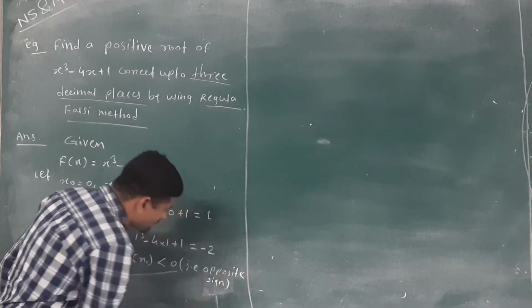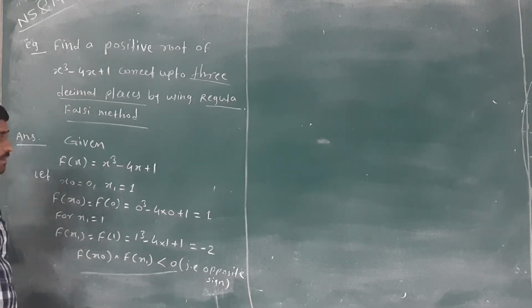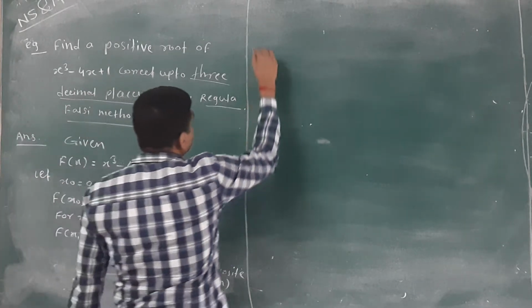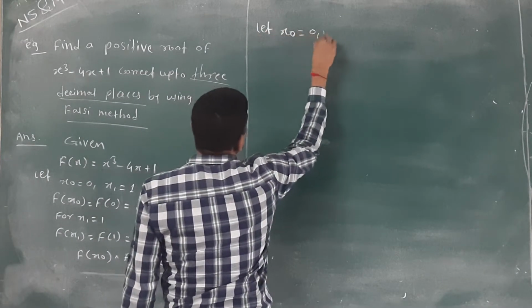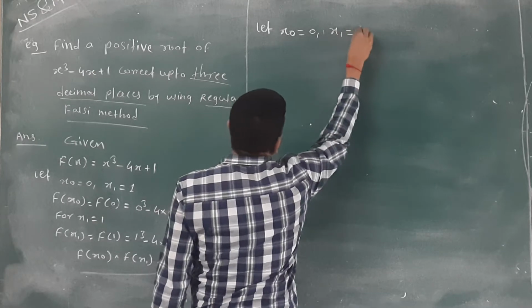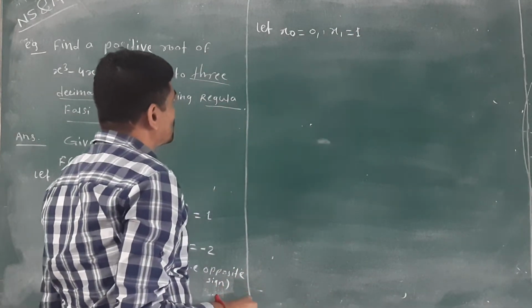So we can say our initial guesses are right. Let x0 = 0 and x1 = 1. This is our initial guess.